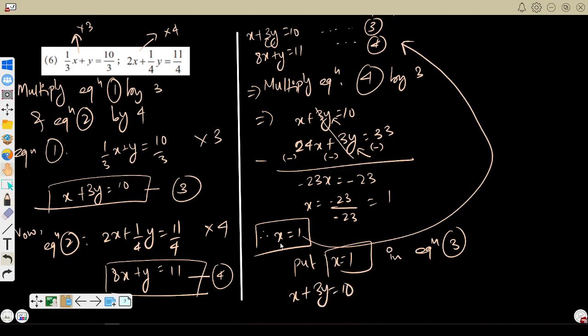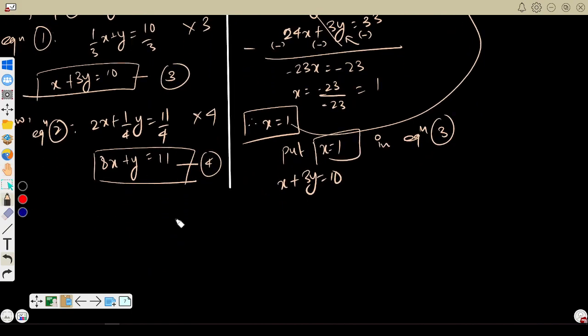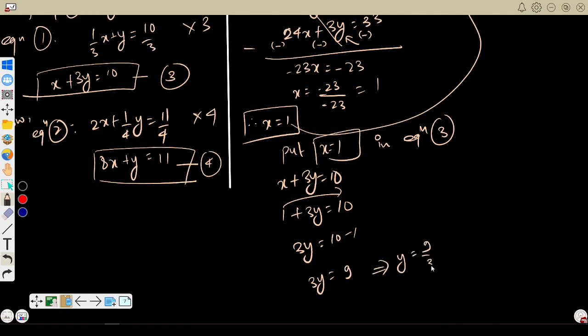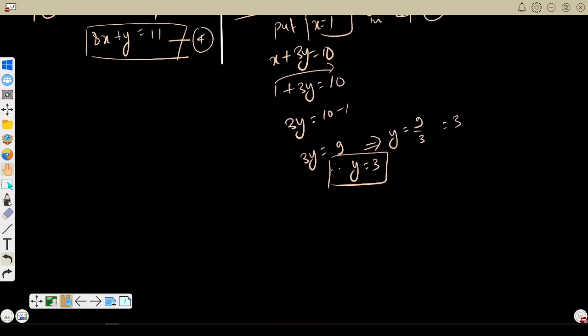Now I'll move the canvas. Fine. X I'll put as 1, plus 3y is equal to 10. So 3y is equal to, shift this 1 on the other side, 10 minus 1. So 3y turns out to be 9, which implies y is equal to 9 by 3, which is 3. Therefore, y is 3. We'll write a statement.